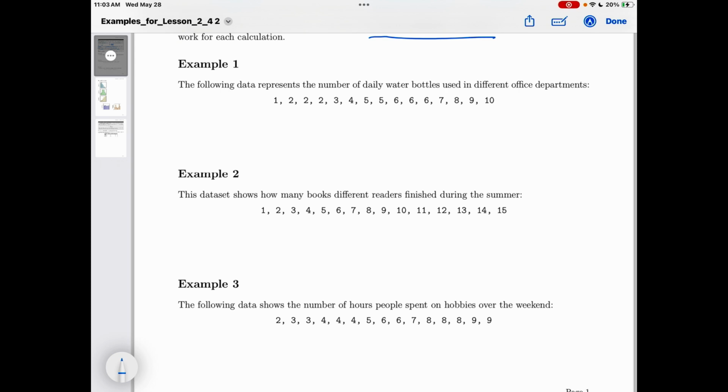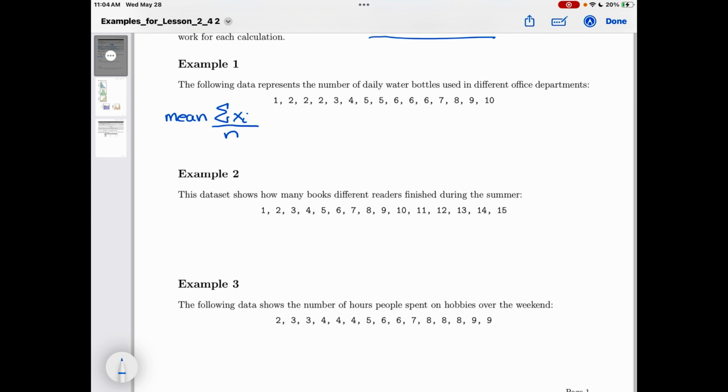In the first example, the following data represents the number of daily water bottles used in different office departments. To find the mean, that's the mean we're familiar with, where we add up all the values and then divide by the number of values we have. So add all the values and then divide by n. In this case, n is 15 because we have 15 data values.